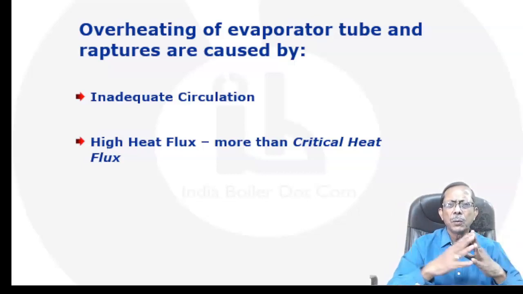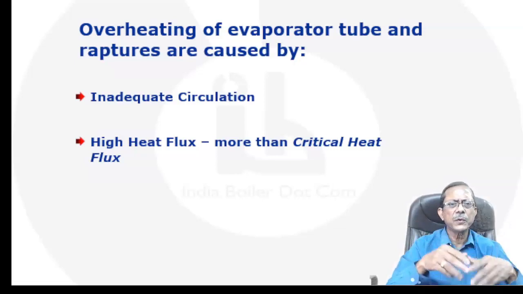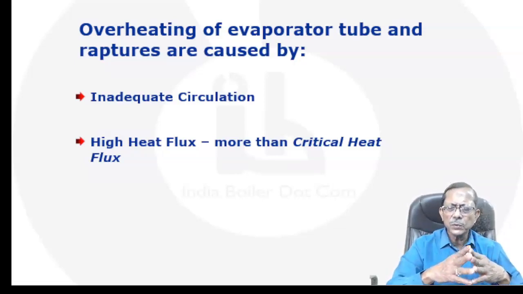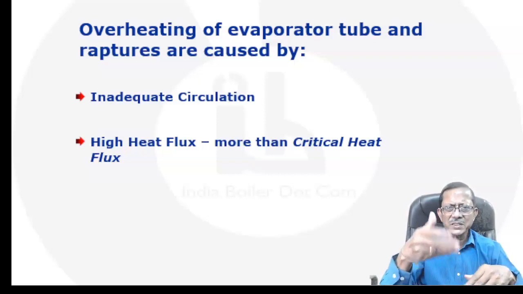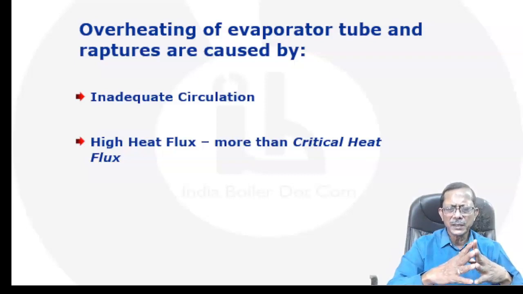Now, how do I know whether the circulation is correct, whether this is the rate at which I can increase the heat load? How do I know all these things? Because we cannot see the circulation. We don't know if there is a departure from nucleate boiling taking place in the system. We cannot measure the flow, right? In a natural circulation boiler, we don't have any flow measurement in the evaporator circuit, right? So the answer is very simple.